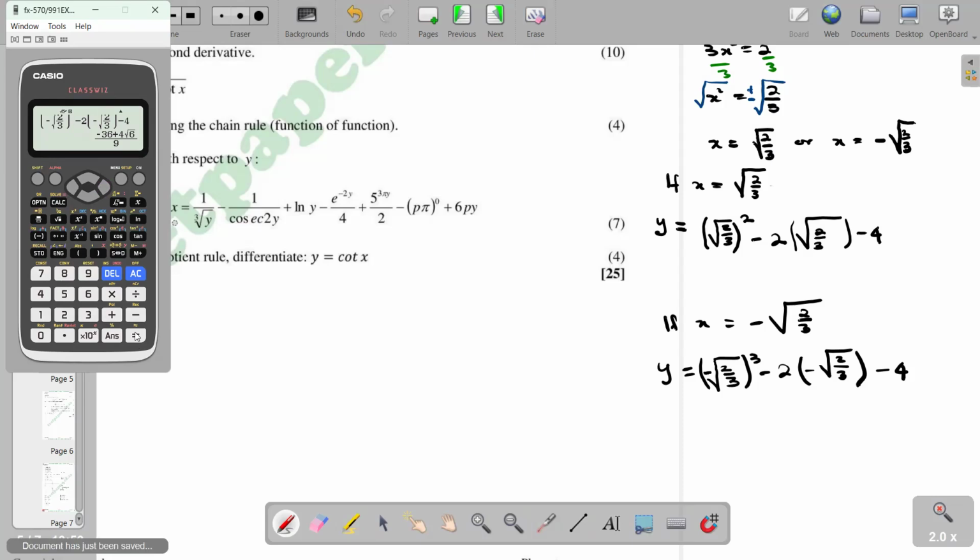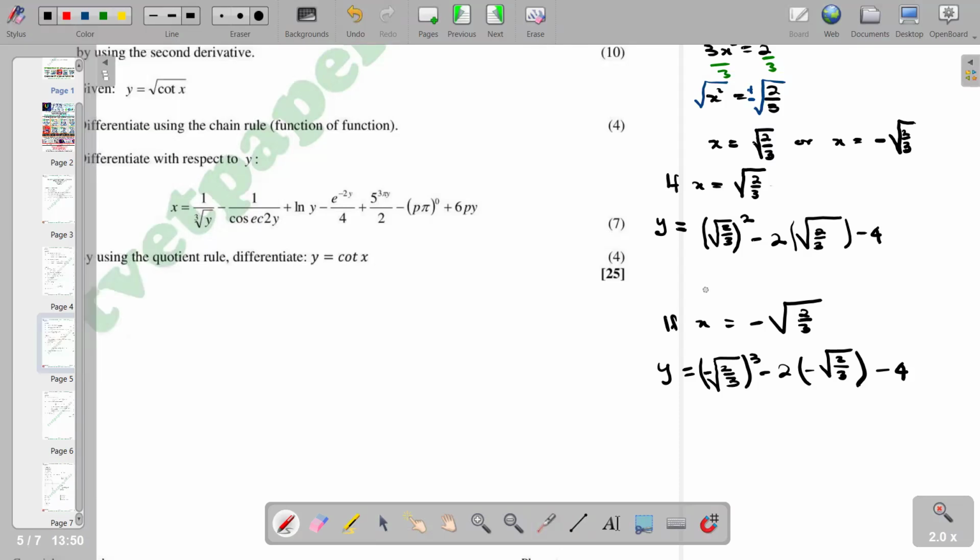So eventually, our answers here: we got minus 36 plus 4 root 6 over 9, and the other one we get minus 36 plus 4 root 6 over 9. These are the answers.